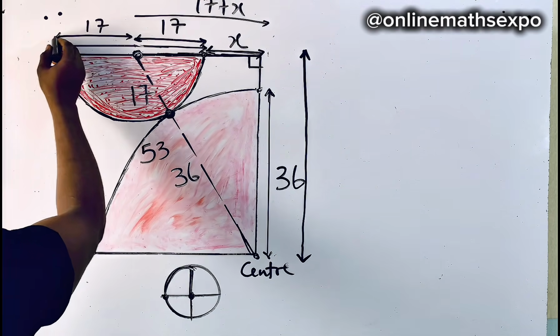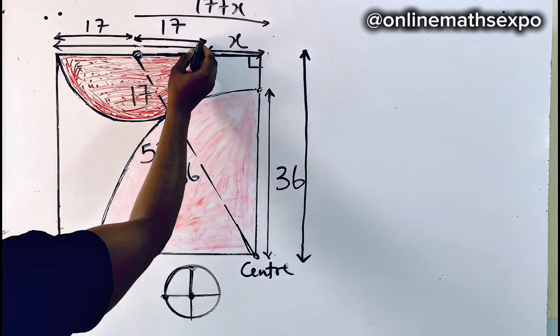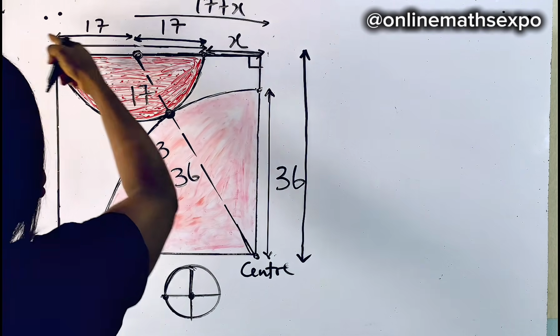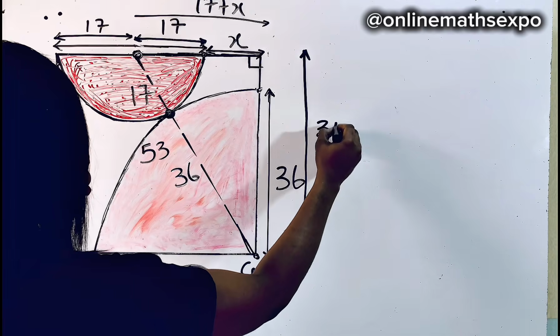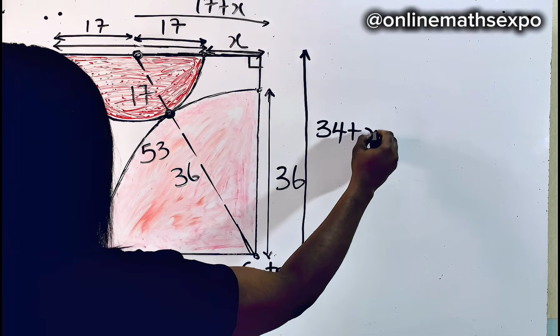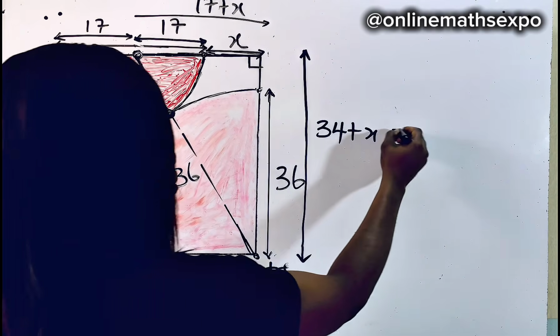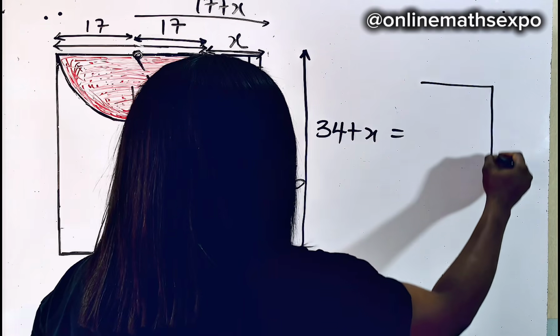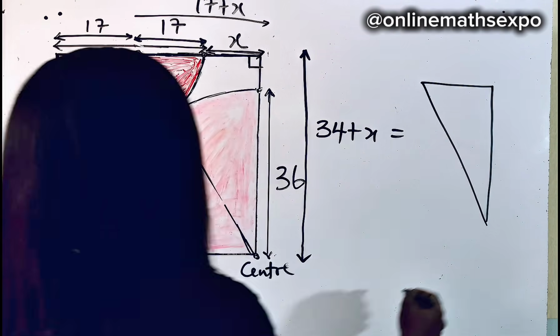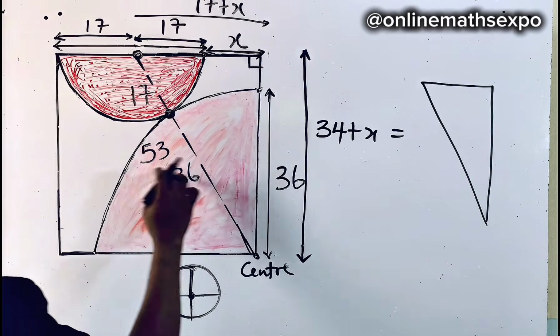The total length will be from here to here, which is 17. So the total length will give us 34 plus this x. Now let's bring this right triangle out. If we do that, this is what we have. This length measures 53 units.